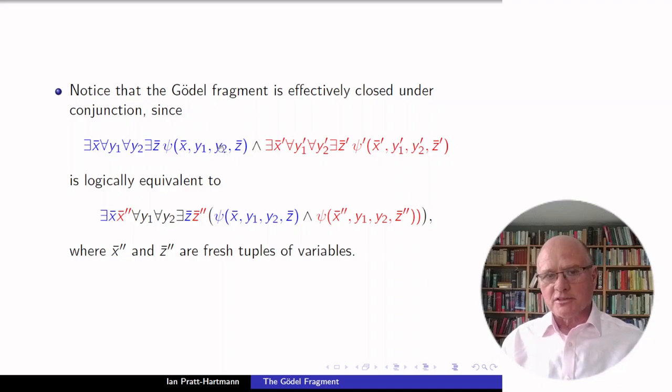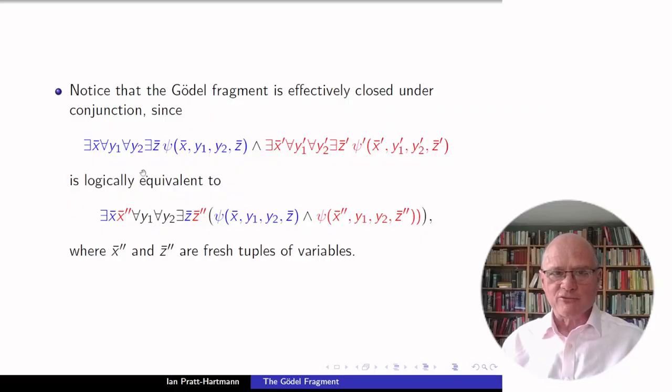If we take the conjunction of those 2 formulas, it's fairly easy to see that this is logically equivalent to the formula written below. All I've done is taken all the quantifiers to the front. I've kept the universal quantifiers the same, but I've renamed the existential quantifiers in the second formula. I've renamed x bar prime to x bar double prime, and similarly z bar prime to z bar double prime, and you can convince yourself that these two formulas are logically equivalent.